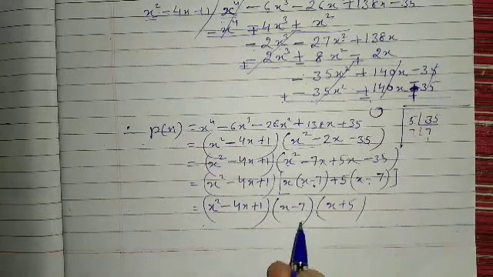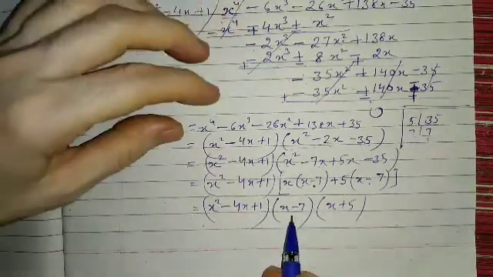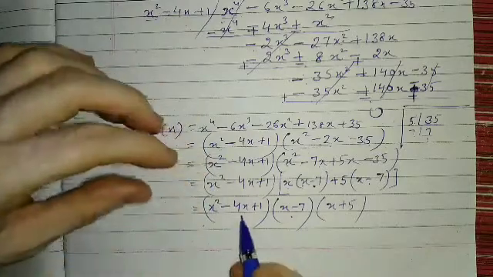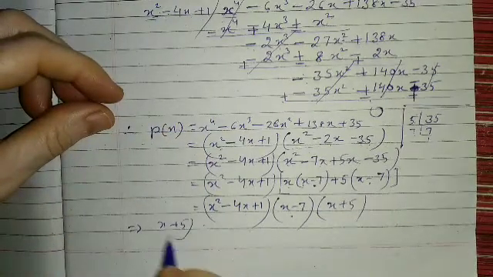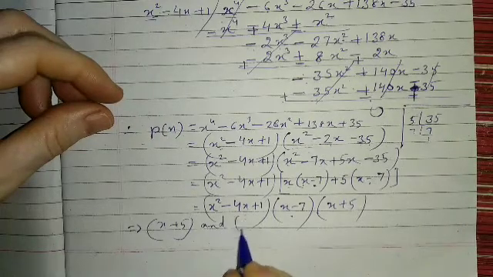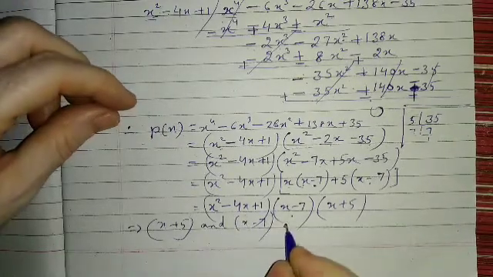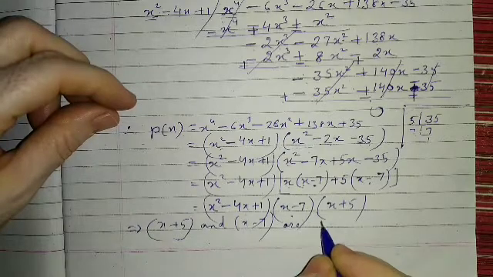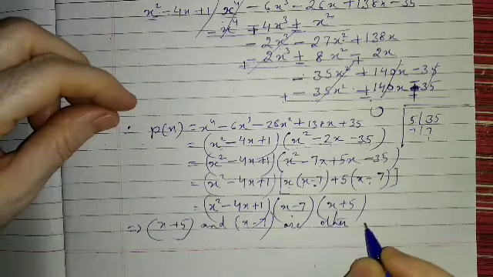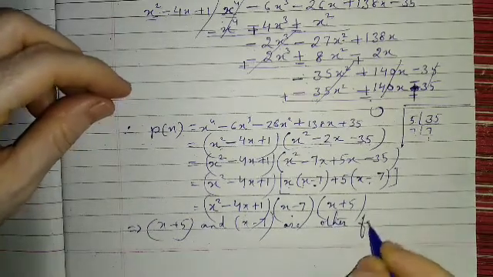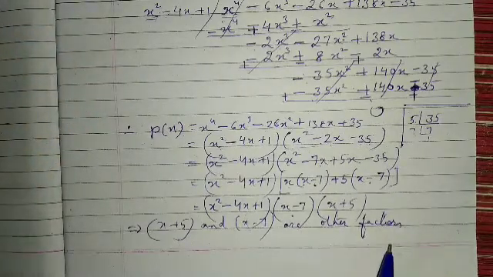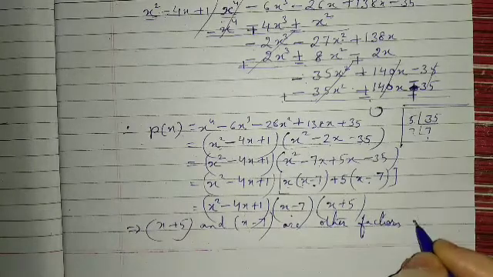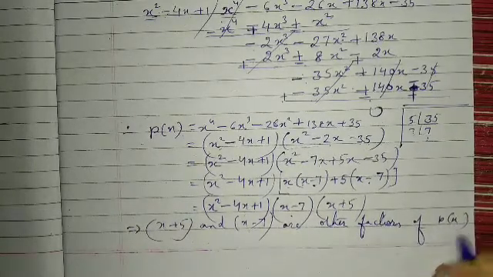So these are the factors. This implies that x plus 5 and x minus 7 are the other factors, so we get the factors of p(x).